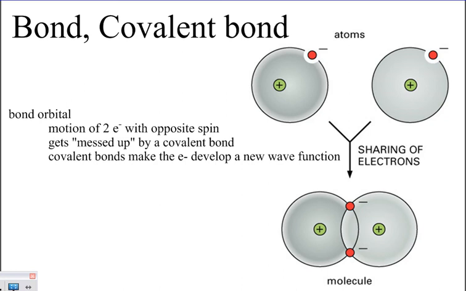Shape in loose terms. When you describe it on the AP exam, you should discuss it as the wave function. And this new wave function comes from these two bonded atoms and looks a lot like the original. However, the bond orbital is now concentrated in the region between the two nuclei. The electrons in the bond are concentrated between the two nuclei.